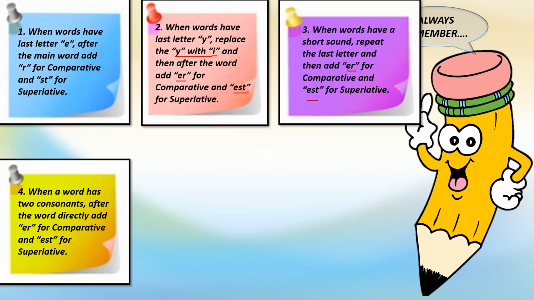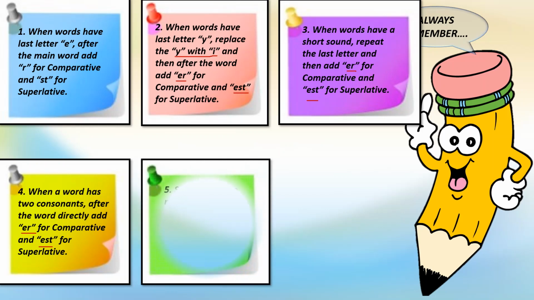So when you have an adjective which has 2 consonants at the end consecutively, the second last and last letter are consonants, there you will keep the adjective as it is, and for comparative you will add er after the adjective. For superlative you will add est after the adjective. So this is rule number 4.